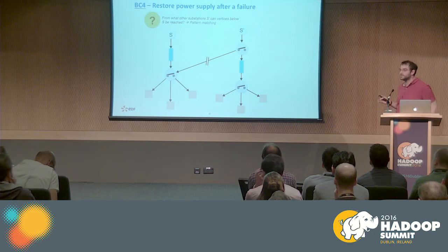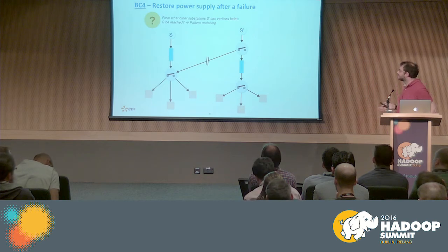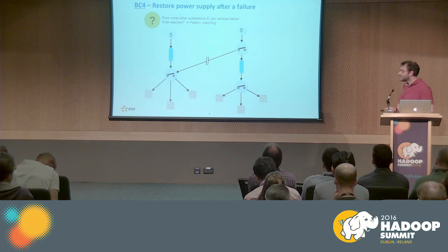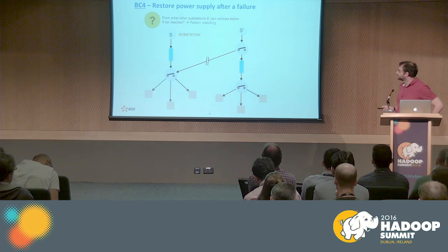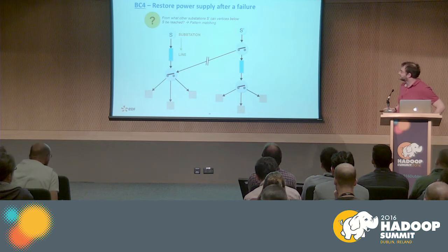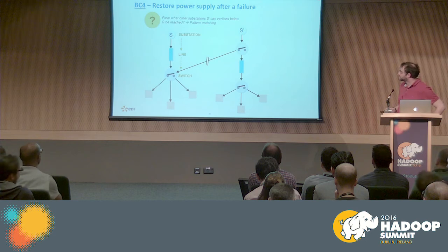So here we're not interested in time intervals. We're doing some static analysis on the graph because it's how the infrastructure is designed. And it's a kind of pattern matching, very easy actually. You start from the substation S, the source. Let's go through the edge. We found a line. Let's go a little bit more. I found a switch.